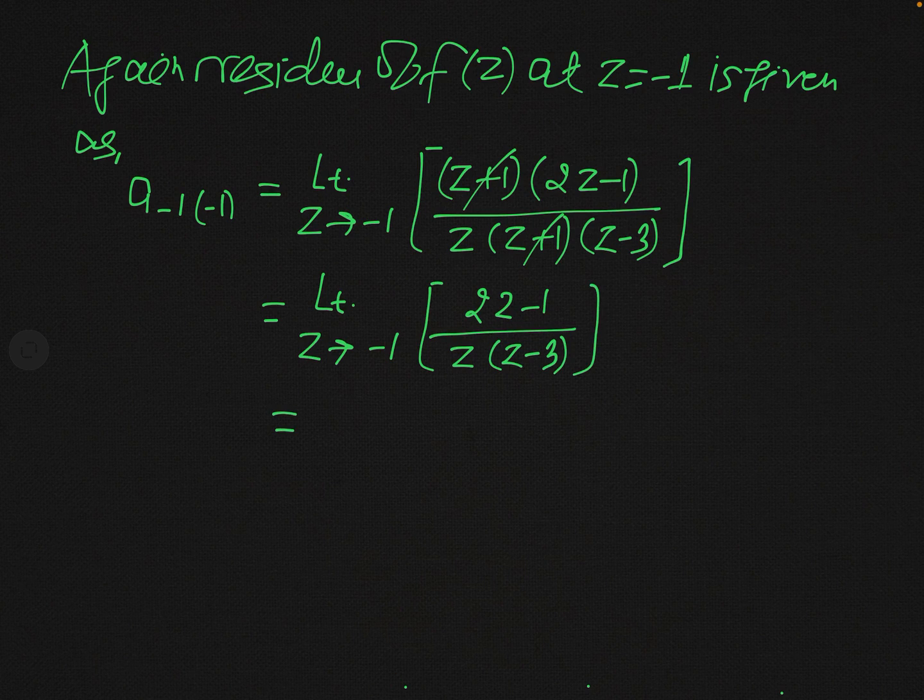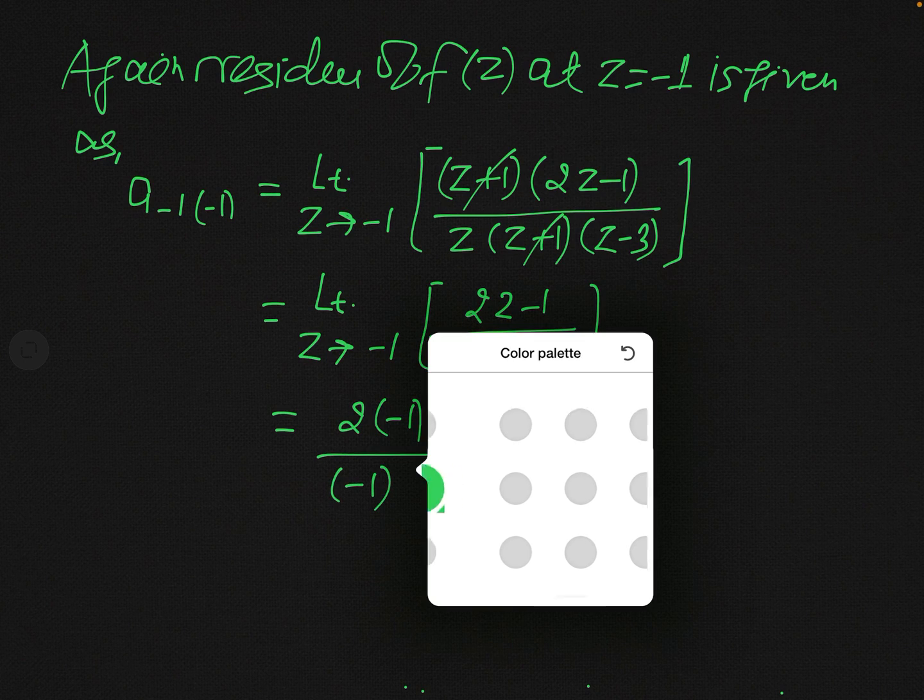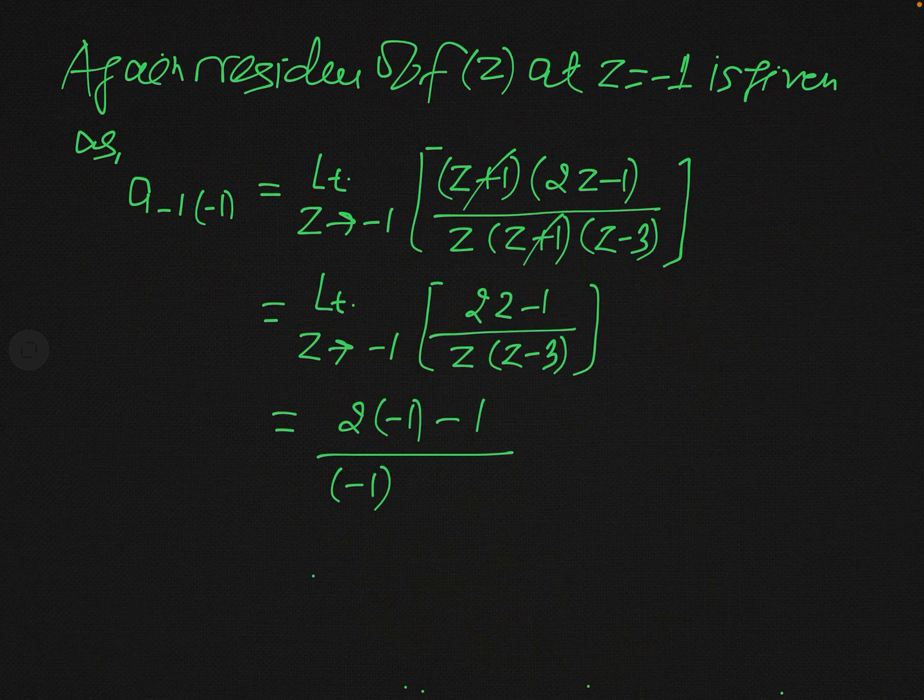Now substitute the limiting value of z. So what will this be? This is 2 into -1, over z, where z is -1, so -1, into z minus 3, where again z is -1, so it is -1 minus 3.